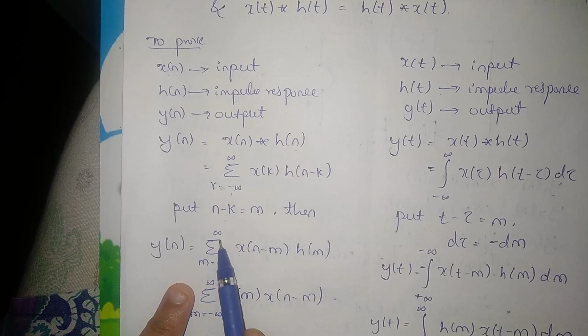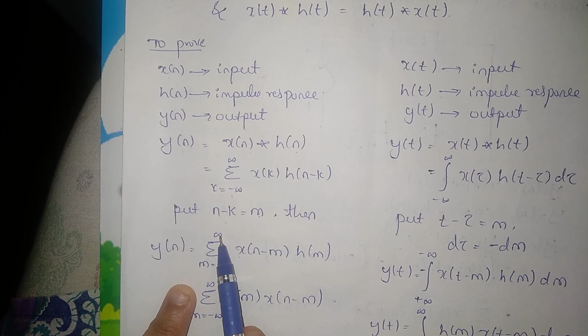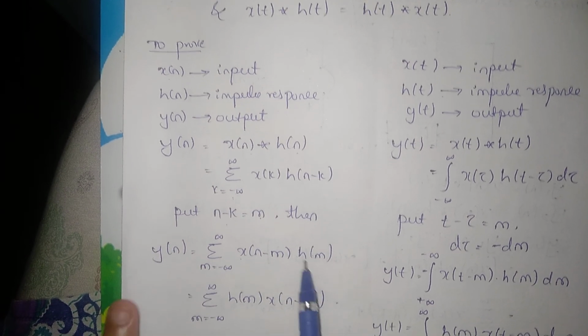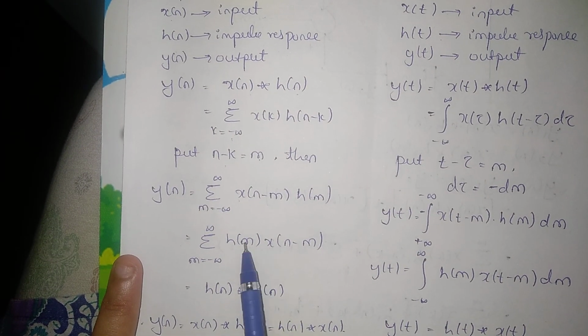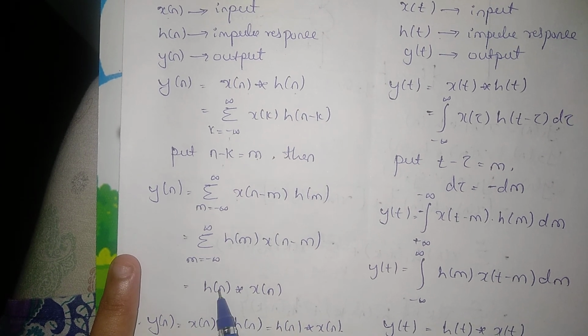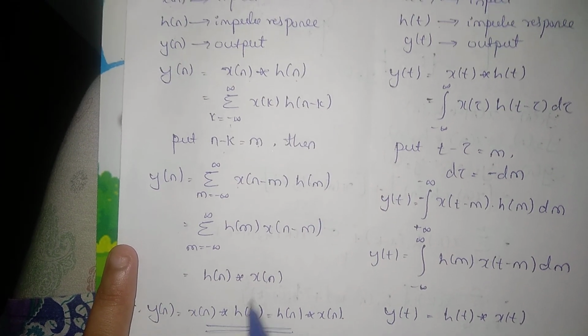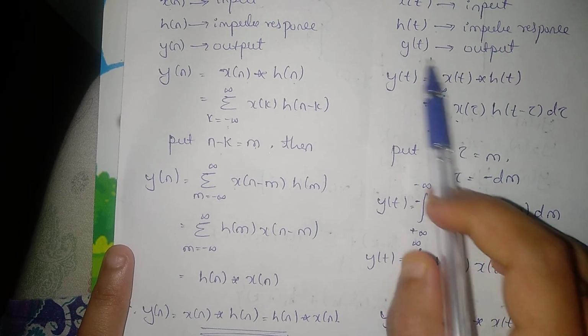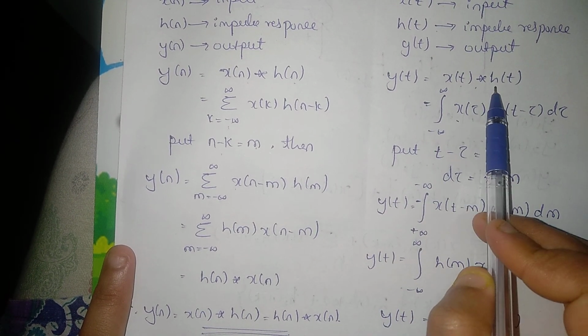So here the limits change from minus infinity to infinity. This is x of n minus m and h of m. If we simplify this, first we can write h of n, then x of n. So both are equal. Similarly, in continuous time, I am taking x of t convolution h of t.